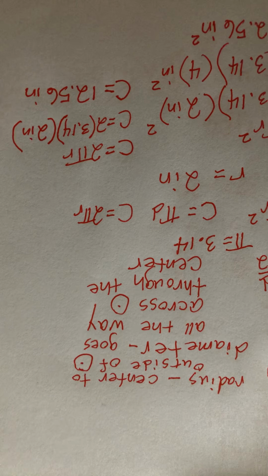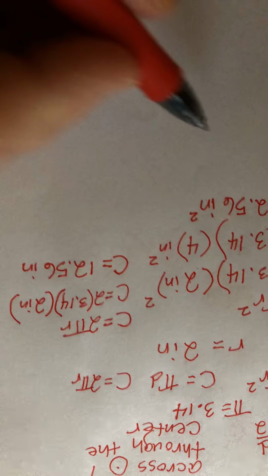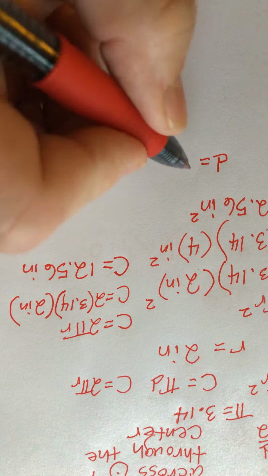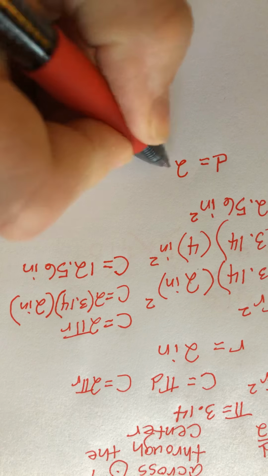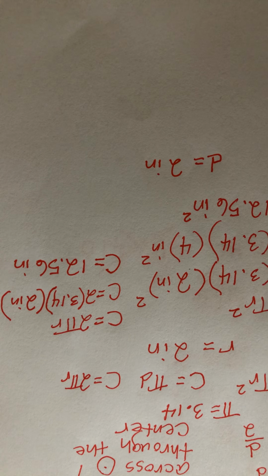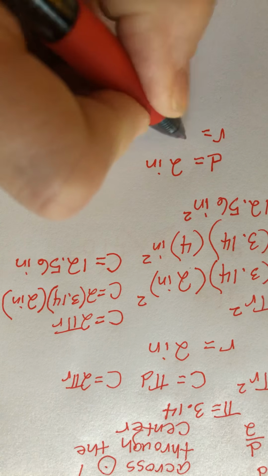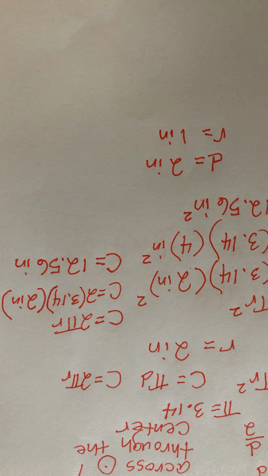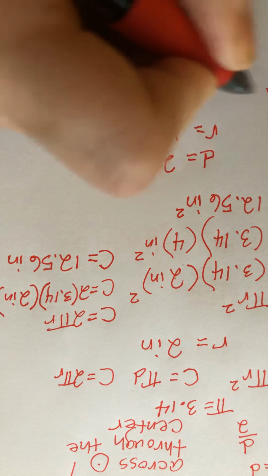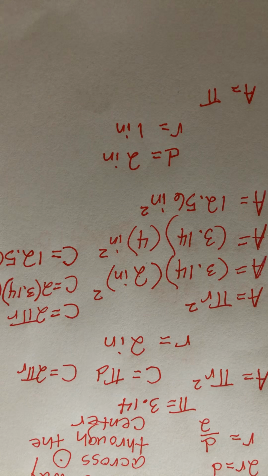Now, let's try one more of these. If I said diameter equals 2 inches, now the radius is going to be half of that. So radius, I know, is 1 inch. If I find my area, I write down my formula, area equals pi r squared.